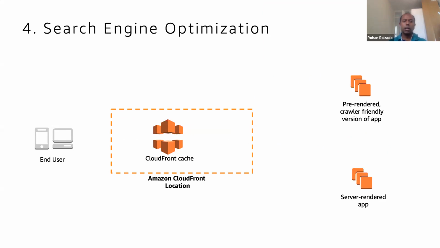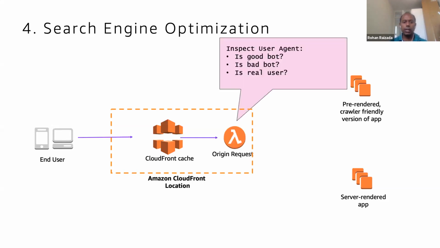This is another cool use case with search engine optimization. I think I already mentioned search engine optimization and why it is useful and how CloudFront can help you. In this case, we had a customer who wanted to serve the content differently. They wanted to check whether the request was coming from a good bot, like Google, Facebook, or Bing.